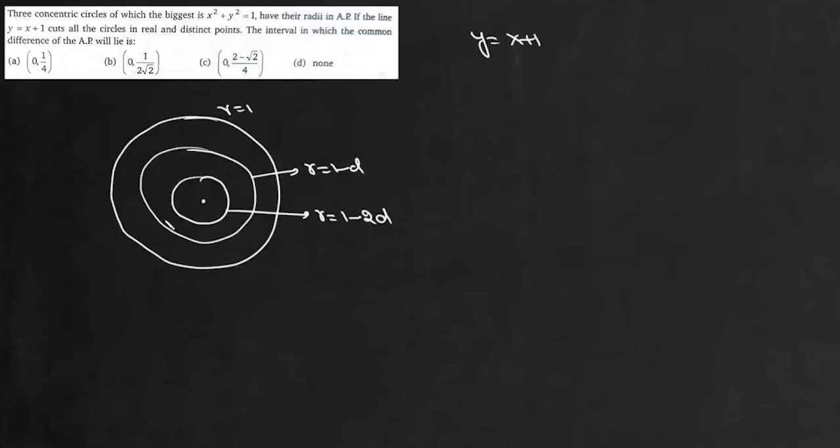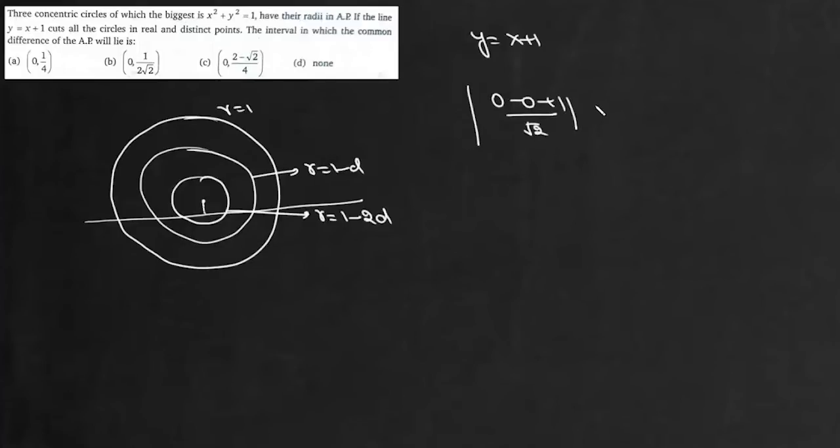Now a line is going to intersect the three circles if it intersects this smallest circle. So the perpendicular distance from the center must be less than its radius. Now the perpendicular distance from the center to this line will be 0 minus 0 plus 1 upon root 2.